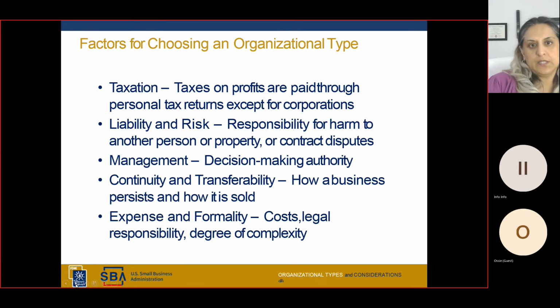You should match the legal structure to your business considering these 5 factors: your taxes, what taxes are going to be involved as a business owner; your liability and risk; your management; your transferability, or your ability to continue the business, to persist, or if it's available to be sold. I don't know why I'm not able to say that word today. And your expenses and your formalities.